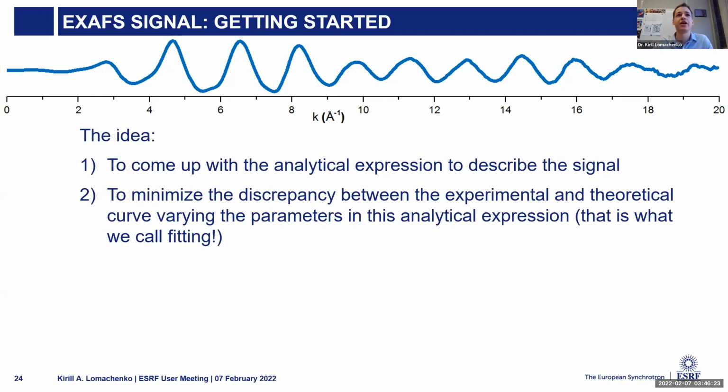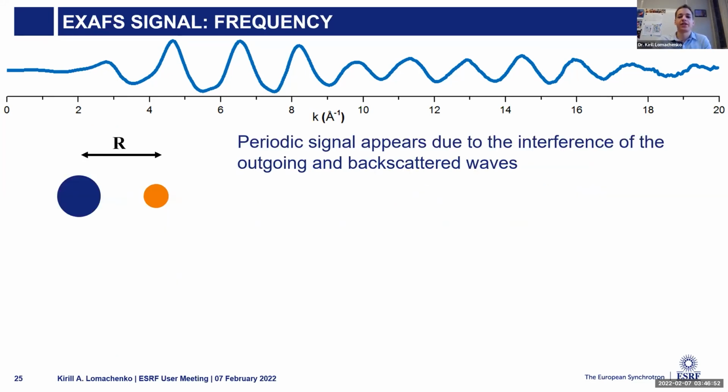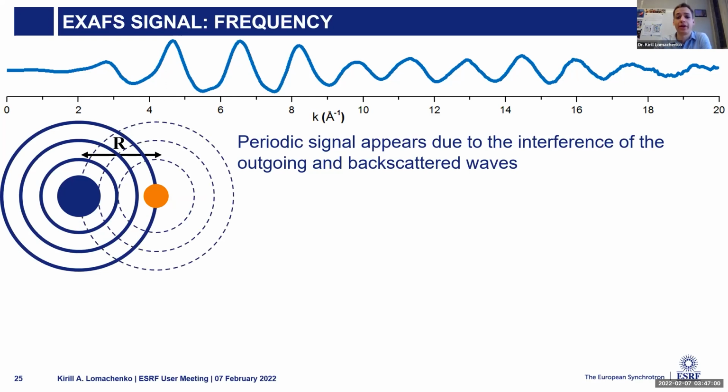So to start with, the signal closely resembles a periodic function. A modulated one, but still a periodic function. So we can already safely assume that the EXAFS signal is a periodic function of k. So we should have a sine or cosine of k, where k is the photoelectron wave number. We discussed before that the periodic signal is an interference between the outgoing and the backscattered waves.